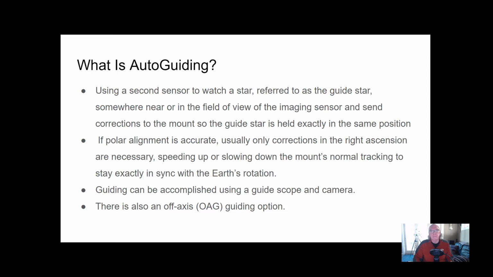It helps make corrections and sends information to your mount, so it can make tiny corrections based upon the guide scope tracking what's called a guide star that may be near or within the field of view of your telescope.